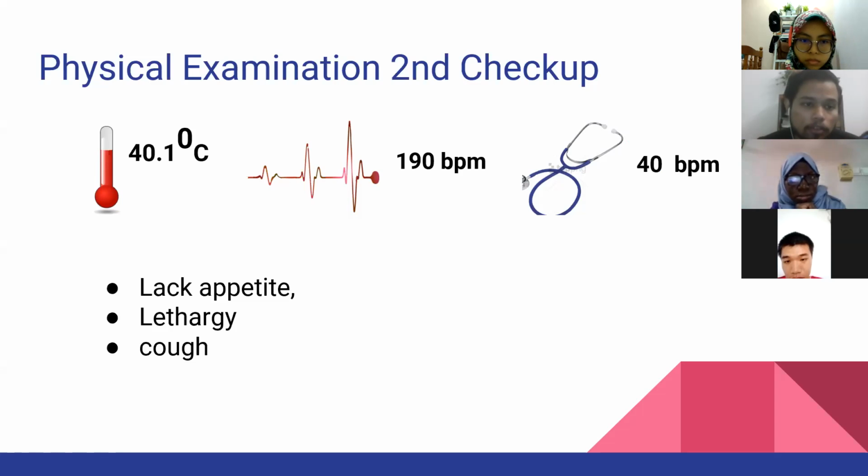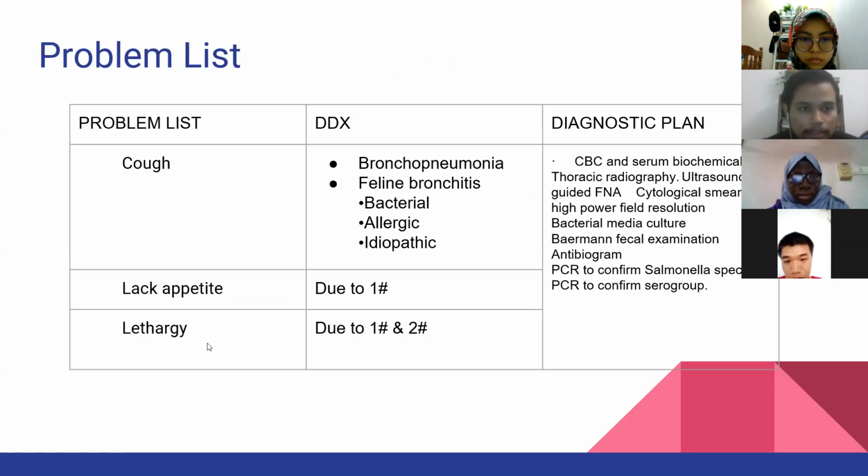In this second checkup, the cat's temperature is 40.1 degrees Celsius, which is quite high for feline species, which indicates hyperthermia, and other TPR values are in the normal range. This cat shows clinical signs of lack of appetite, lethargy, and cough. So next slide, please.